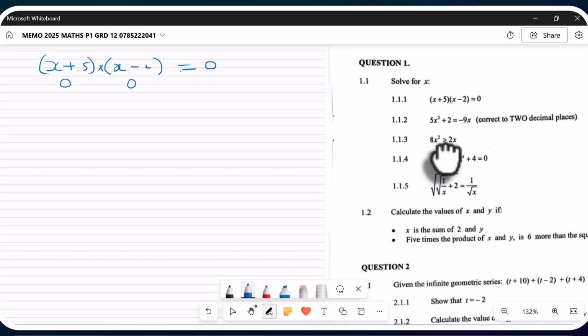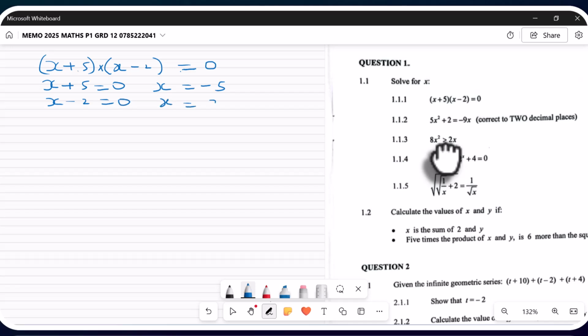That's why we say either x plus 5 equals 0 or x minus 2 equals 0. So x equals negative 5, or x equals 2.